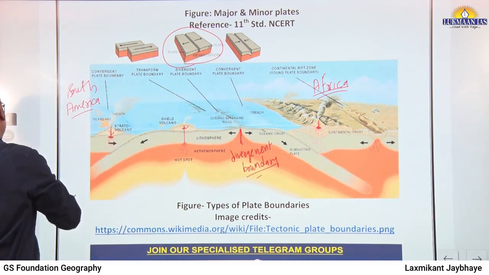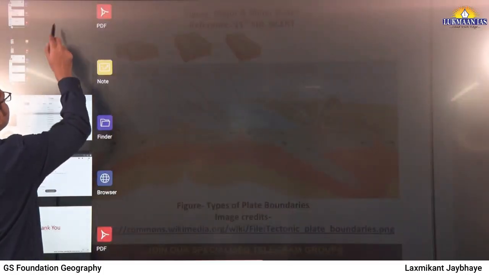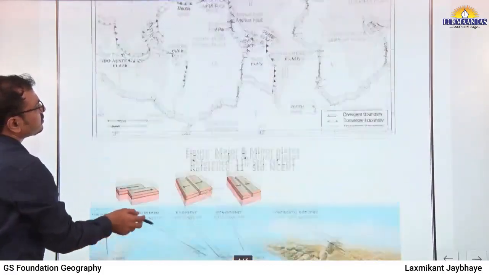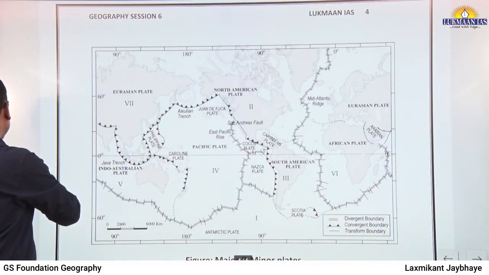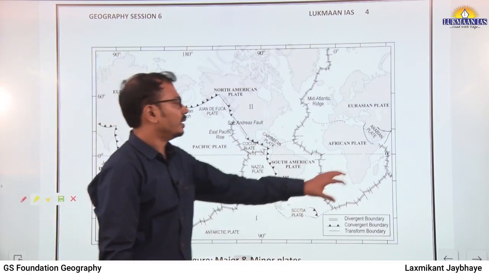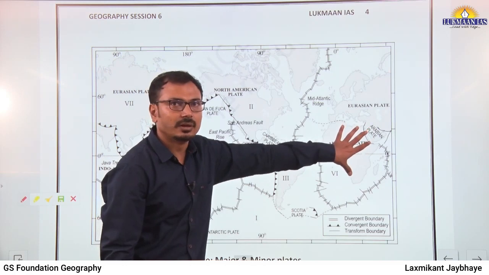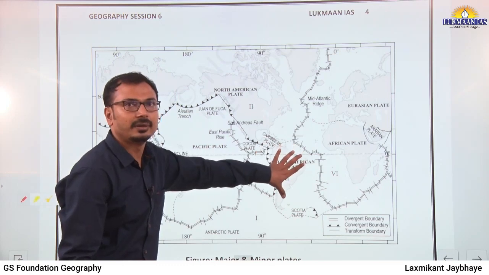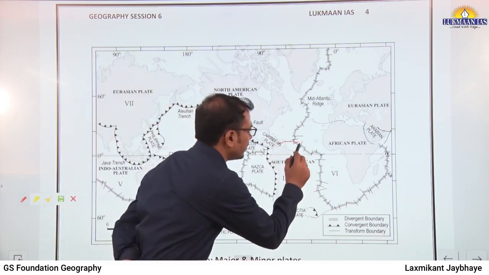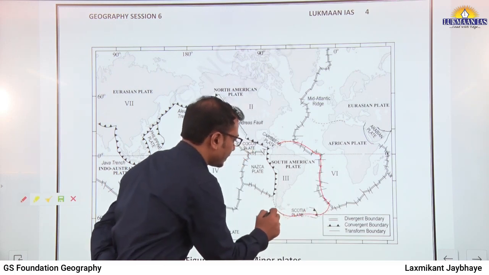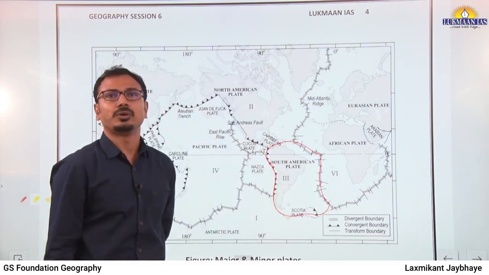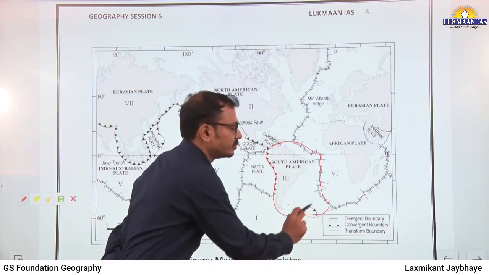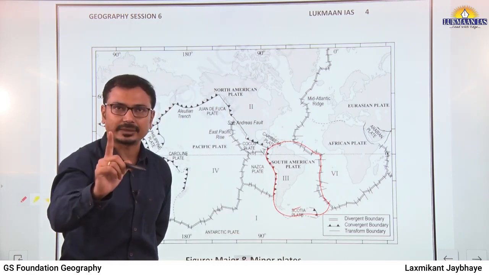Again, let me show that to you on the map here. This is the African plate and this is the South American plate. This is one plate, it includes the continental mass as well as this oceanic floor. Together it is one plate.